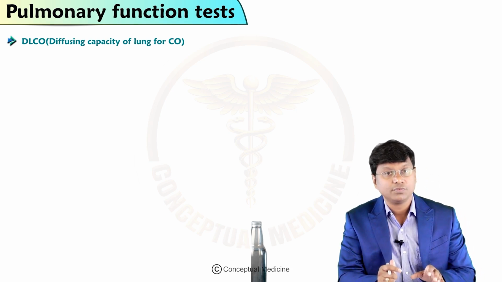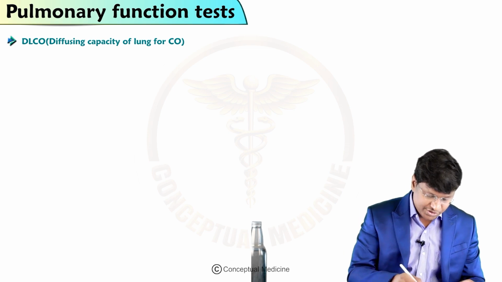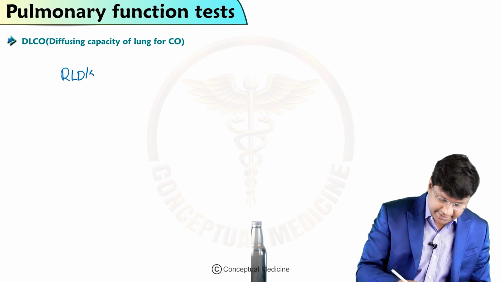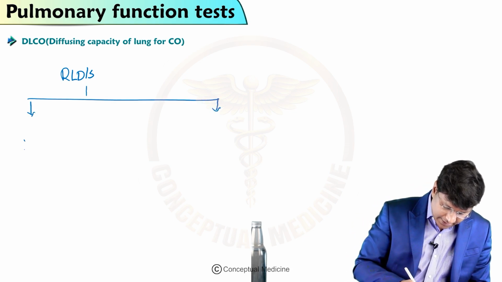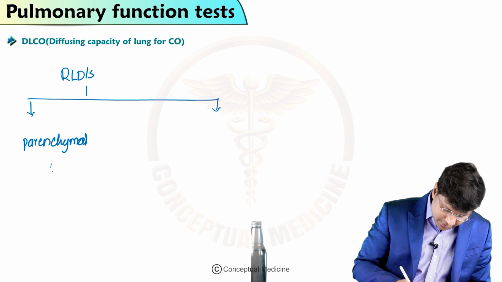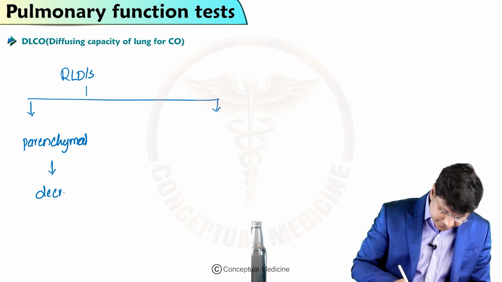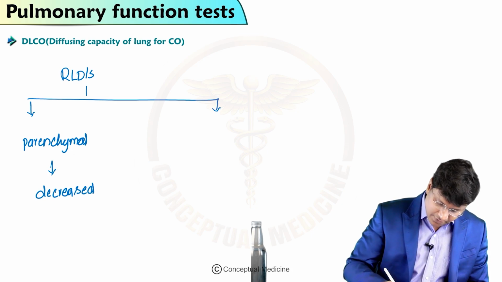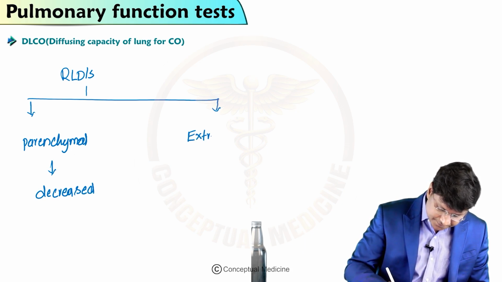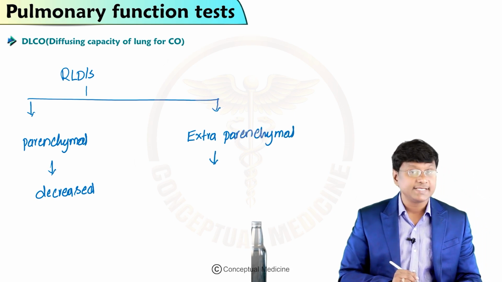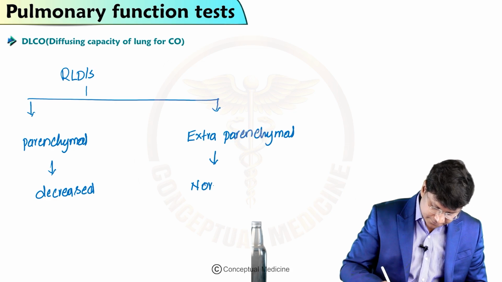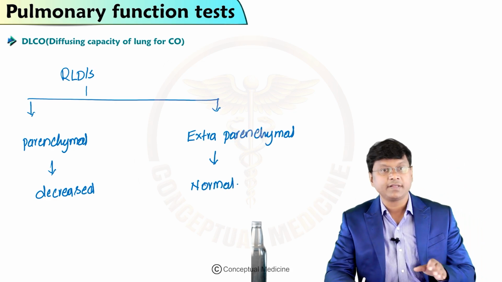So DLCO, if you see in restrictive lung diseases, just now we have discussed that in parenchymal causes of restrictive lung diseases, the DLCO is decreased, whereas in extraparenchymal, the DLCO remains normal.